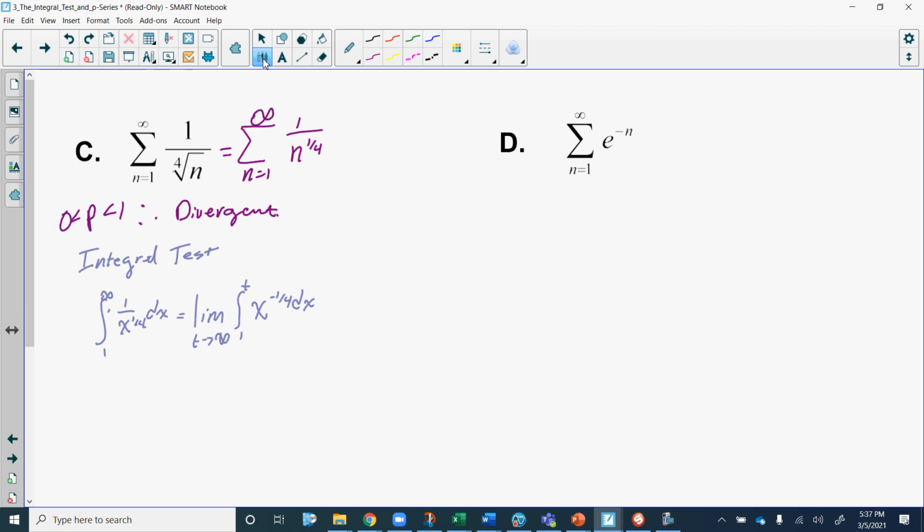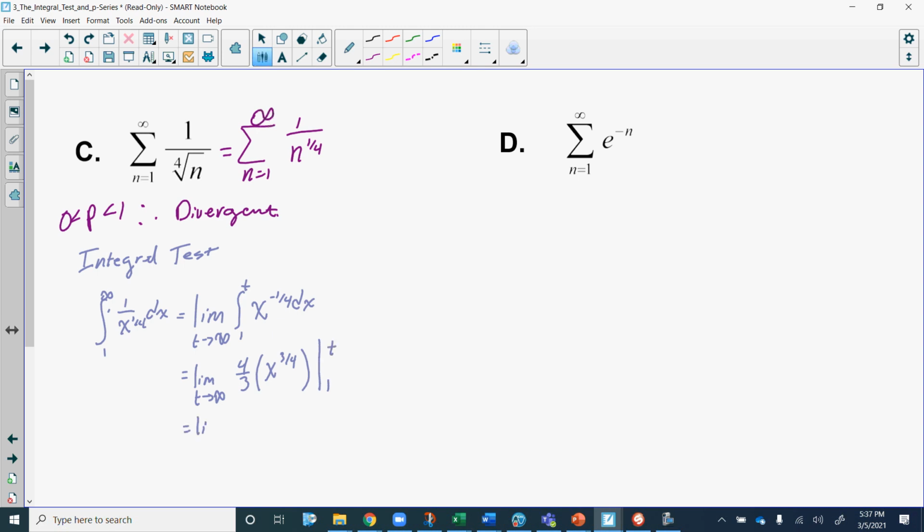Now we can find the integration of that, and I'm going to get the limit as t approaches infinity of 4/3 times x to the 3/4 when I do my antiderivative, evaluating it from 1 to t.